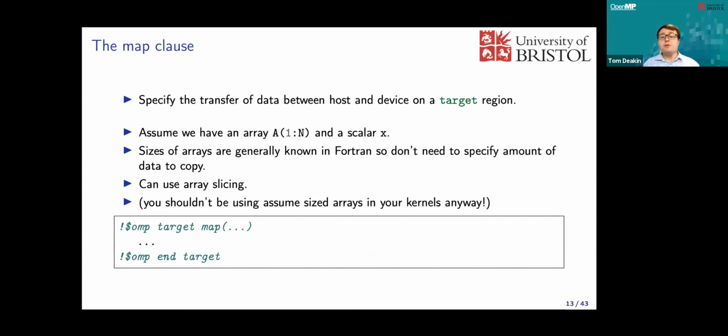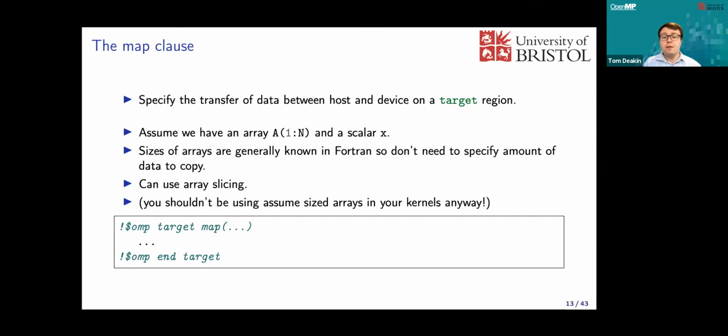So in Fortran, you often don't need to specify the size of the array that you need to copy between the host and the device in the map clause. We could just give it the variable name. If you decide to write OpenMP programs in C, where arrays are simply pointers, you do need to specify the amount of data to copy. But with Fortran, you can just give it the array and it remembers how much data is in that array.